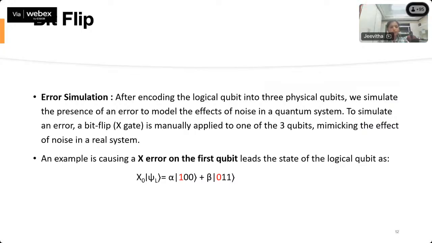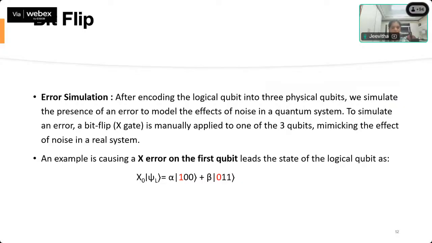Next we simulate error. In error correction code, we basically simulate error, but in real systems, errors occur due to various types of noise as mentioned before. You're basically mimicking the effect of noise in the real system by simulating error.